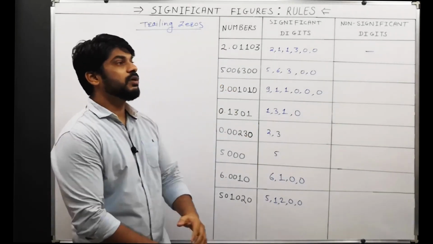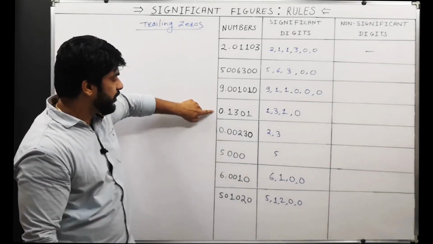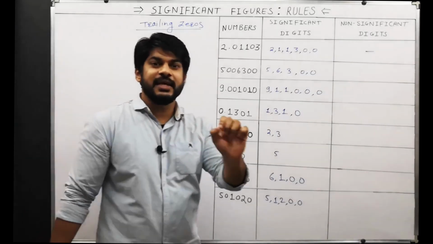Third rule is about the numbers which are less than 1.